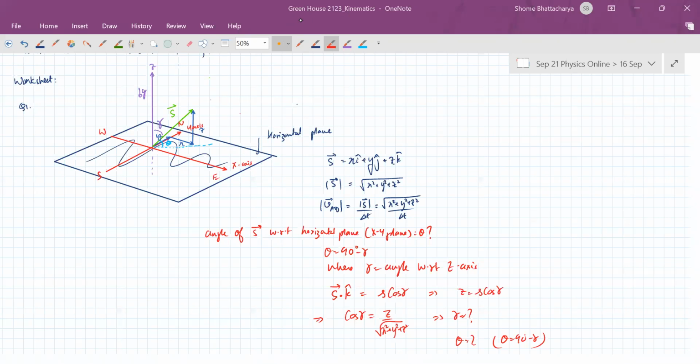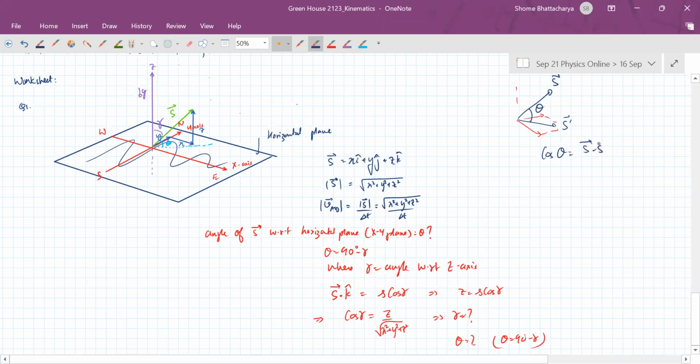You can consider one vector like this, let's say s prime, and this is the net displacement s. So s prime is the vector sum of x and y, and this angle you can also find like this. Let this theta be such that cos theta is like this.